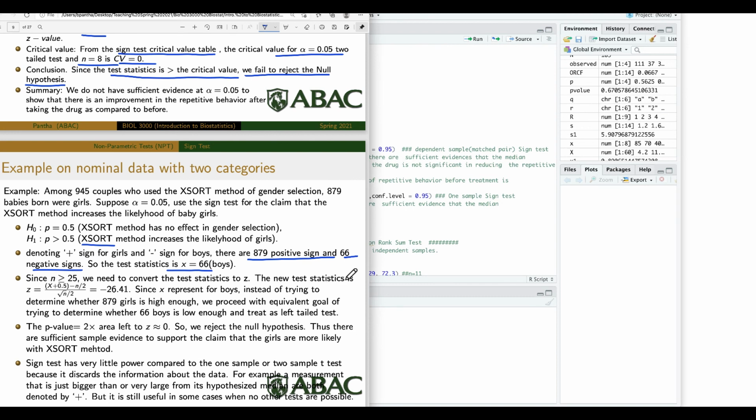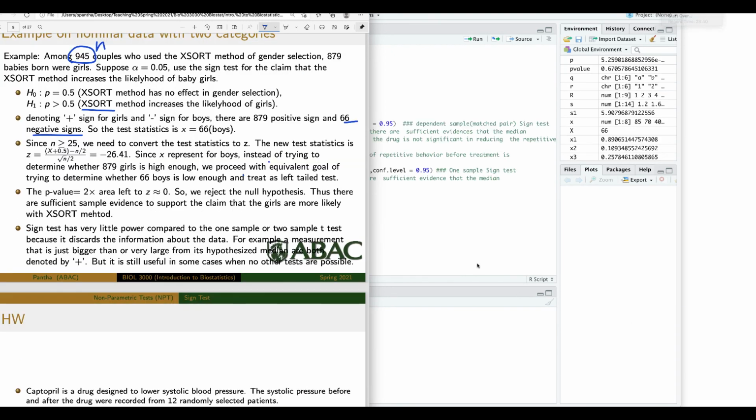The new test statistic is z equals, we'll use this x though, okay? So z equals (x + 0.5 - n/2) divided by the square root of n/2, that is 66 plus 0.5. So x is 66, right? So what is the value of n?